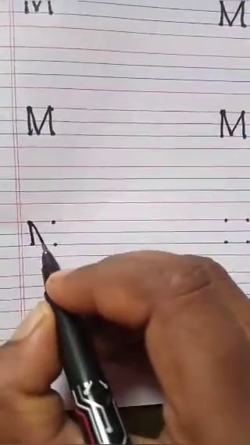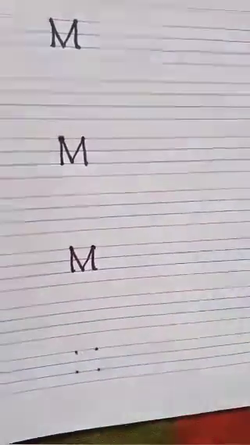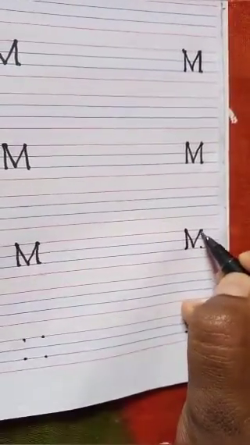Again we do kids. Standing, slanting and a slanting and a standing. M for map. Again we do standing, slanting, slanting and a standing. M makes a sound ma.